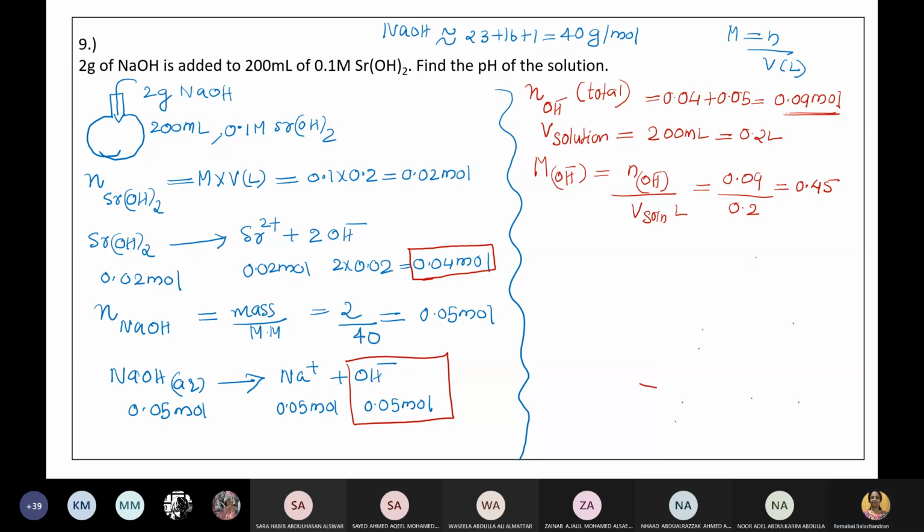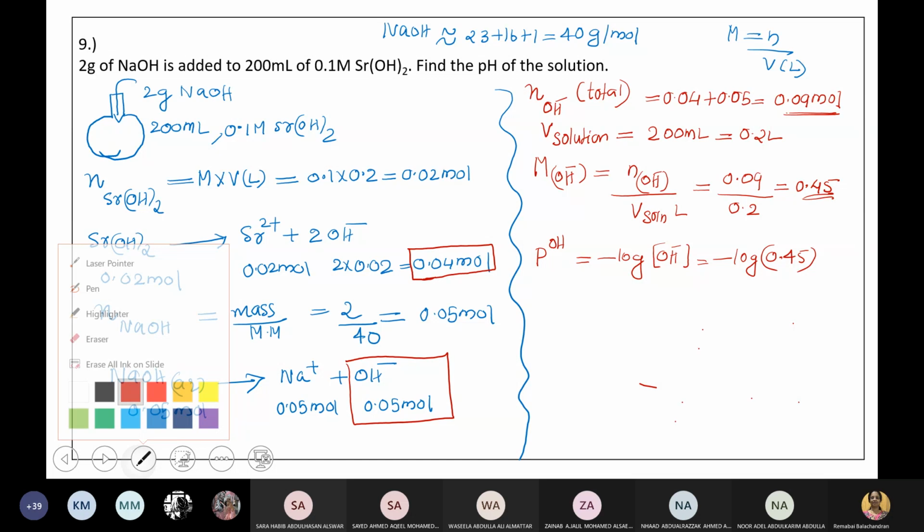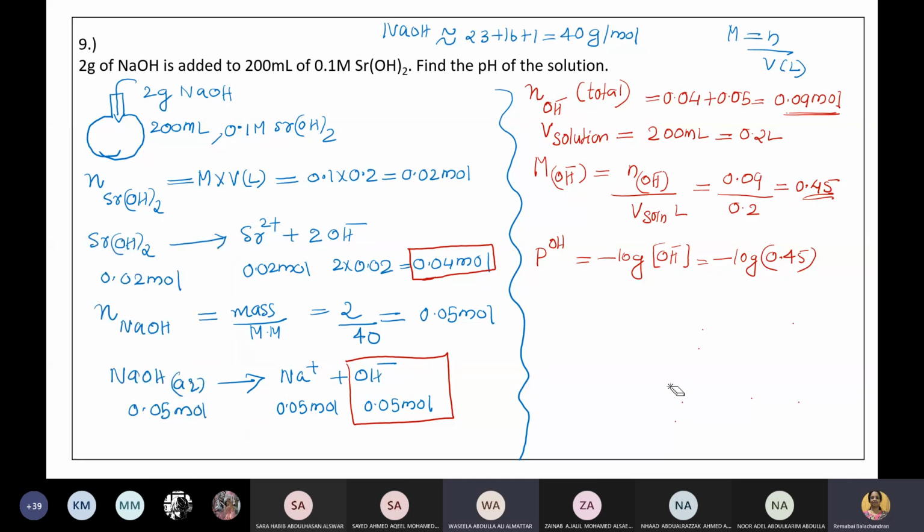Now you can find the pH. So what is pOH? Minus log of the concentration of OH minus, that is equal to minus log of 0.45. The answer is 0.346.